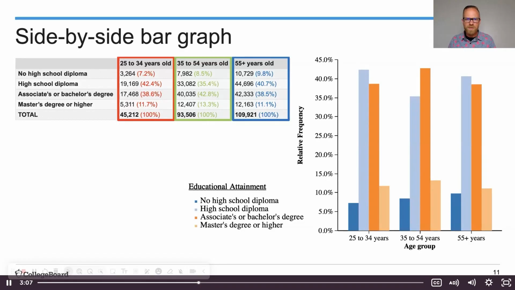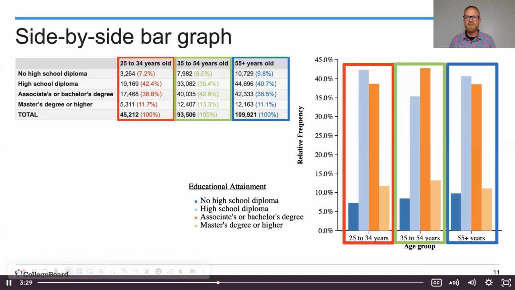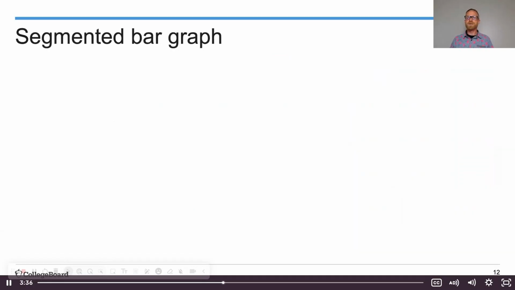Now, just to explain what you see here, the 25 to 34-year-olds, which you see represented in the red box here, are represented in the red box in the side-by-side bar graph, where there are four bars representing the four percents that you see in the table. Now we do the same thing for the next age group, 35 to 54-year-olds, and the final age group, 55 years and older.